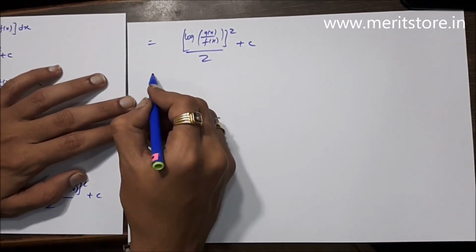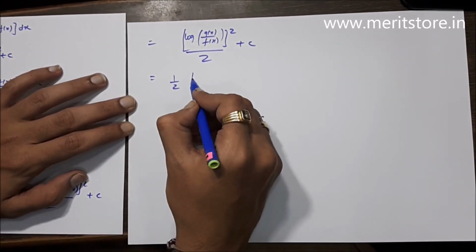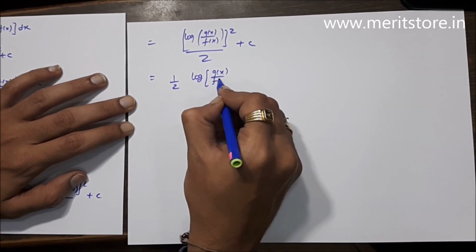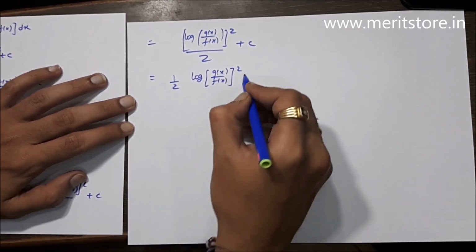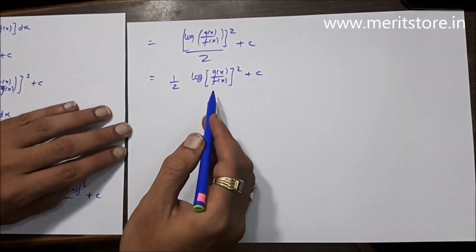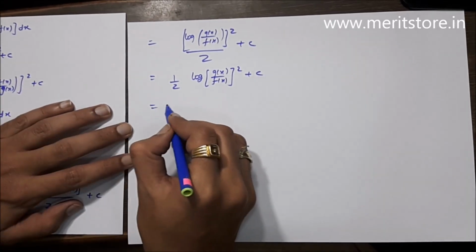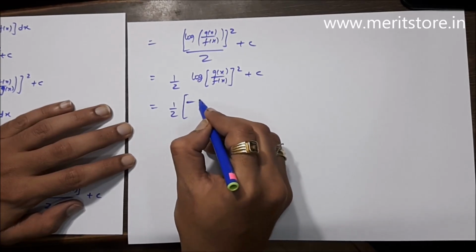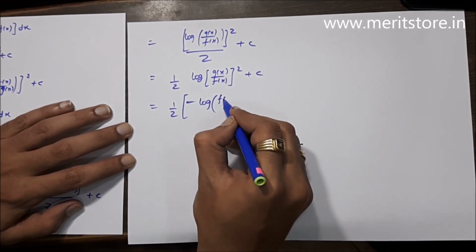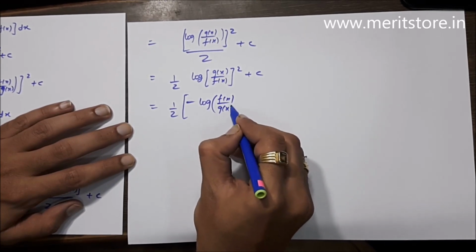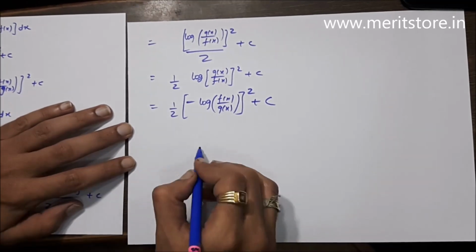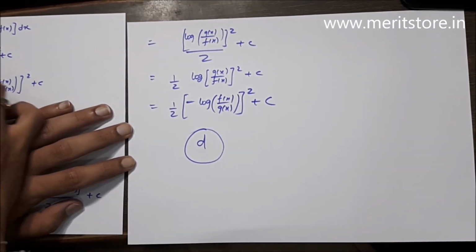So this half comes out, becomes log of g of x upon f of x the whole square plus c. But we need it as f of x upon g of x. So what we do is we take that minus outside and make this as log of f of x upon g of x the whole square plus c, which matches with our option D.